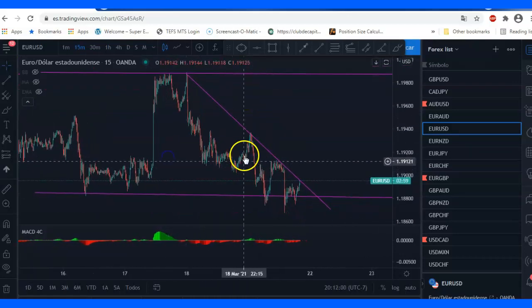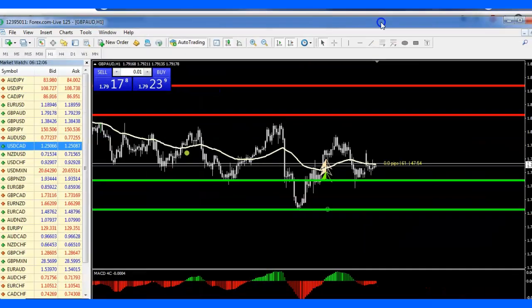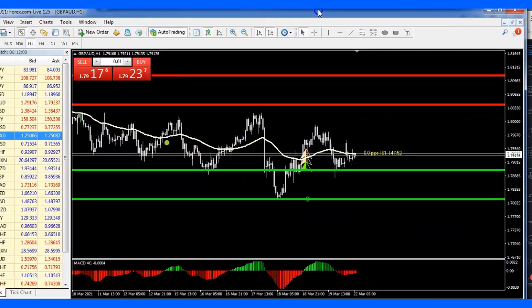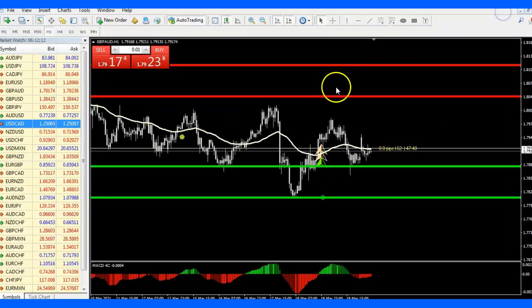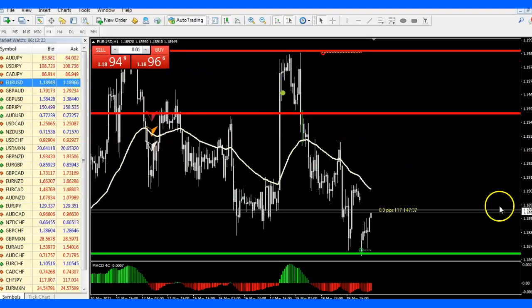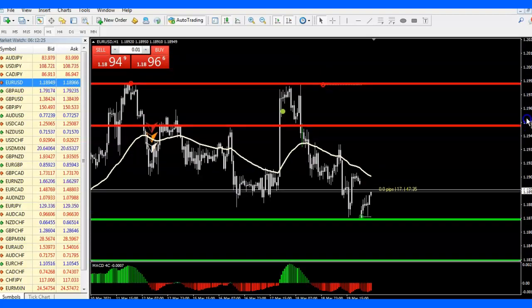Okay, and when I'm here, I do the analysis like that. Then I can come to my indicator right here, Euro USD. I come right here.